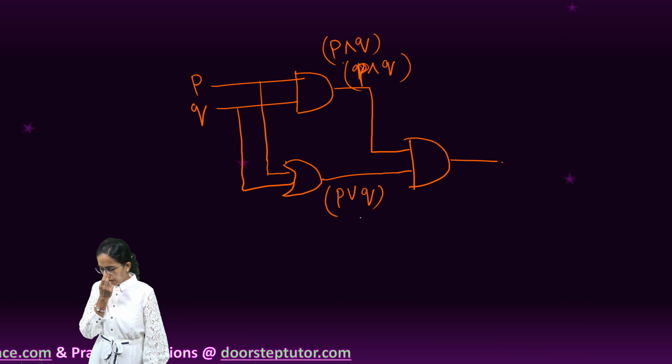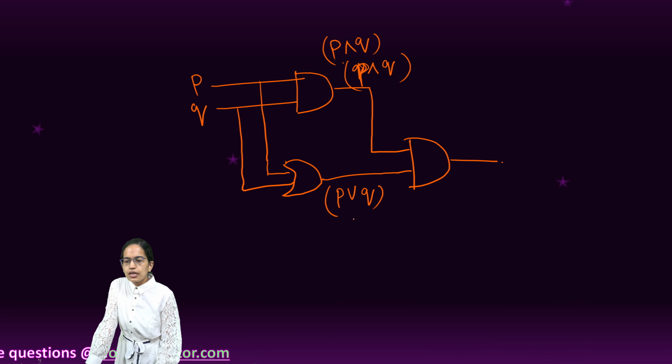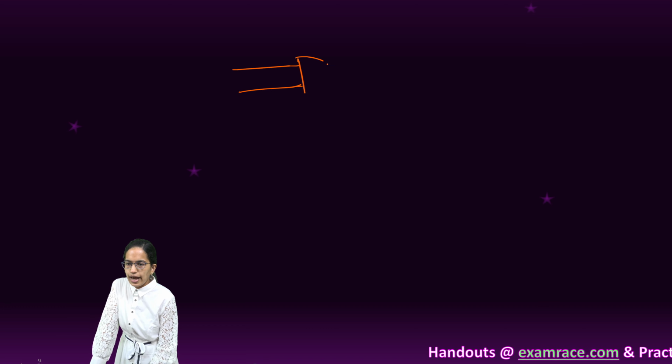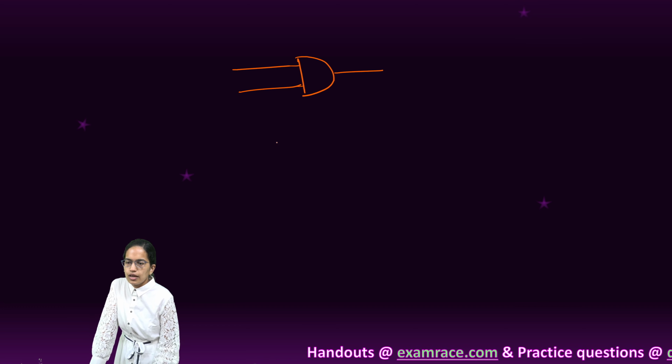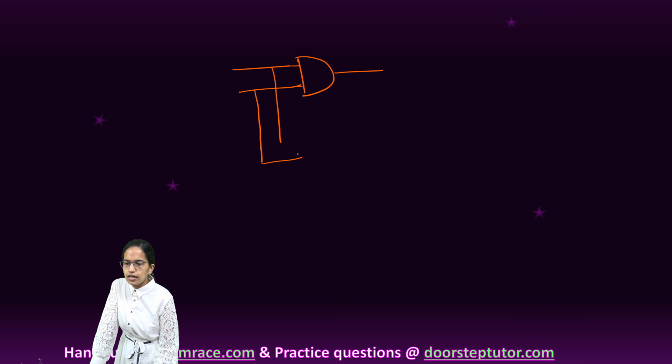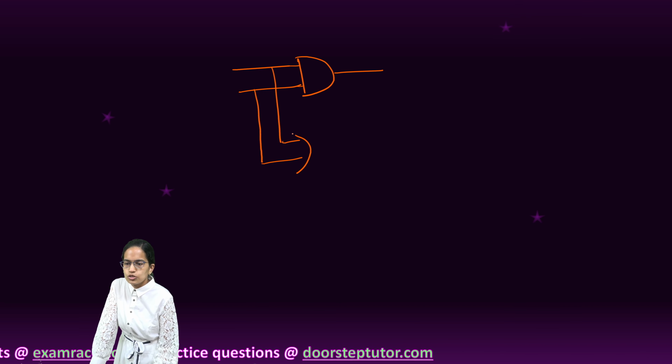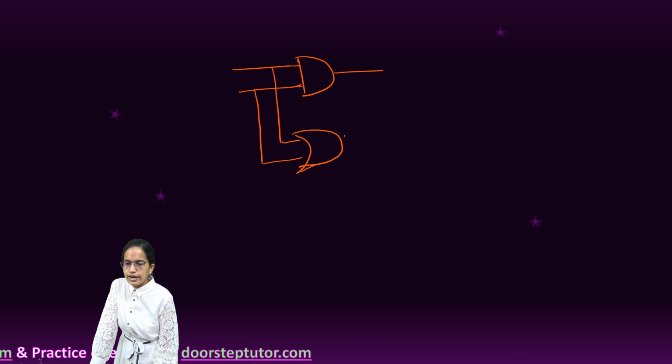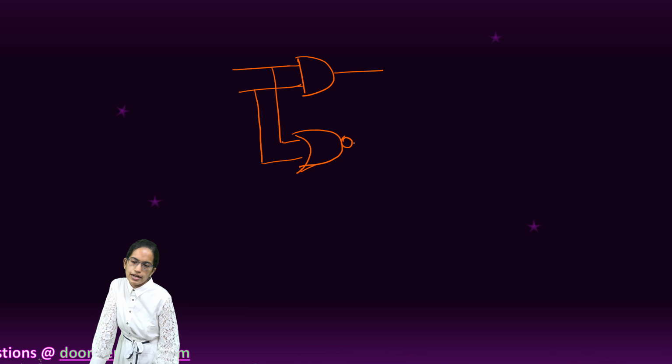Okay, now when I have the P or Q output, let me do a little modification in the diagram. I connect an AND gate here. Rather than connecting an OR gate here, I connect a NOR gate. So I have OR and I put an inversion bubble and I make it a NOR gate.